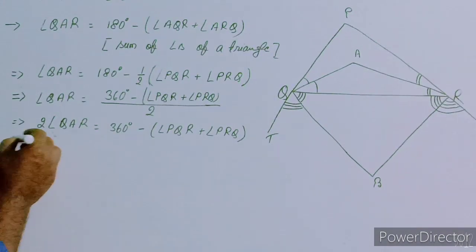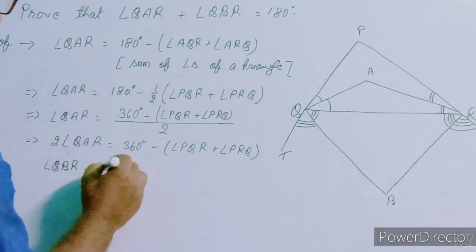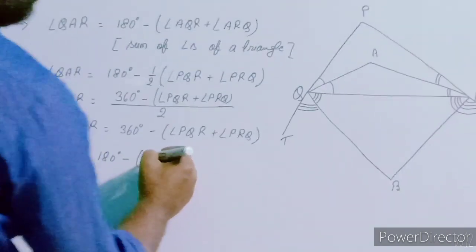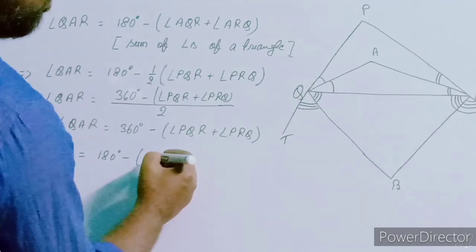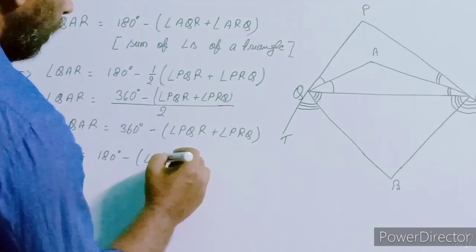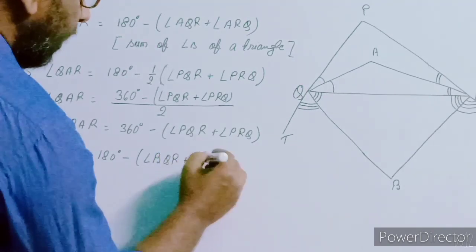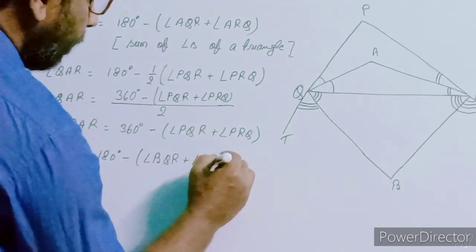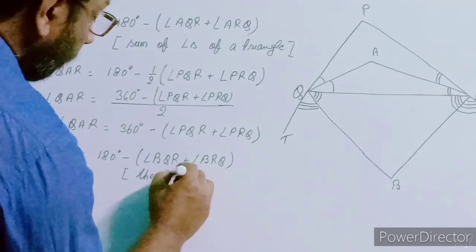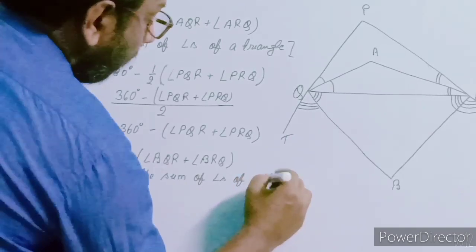If you want to know the steps, those steps will be: angle QBR is equal to 180 minus angle RQB or BQR plus angle BRQ, and for this the reason will be the same, the sum of angles of a triangle.